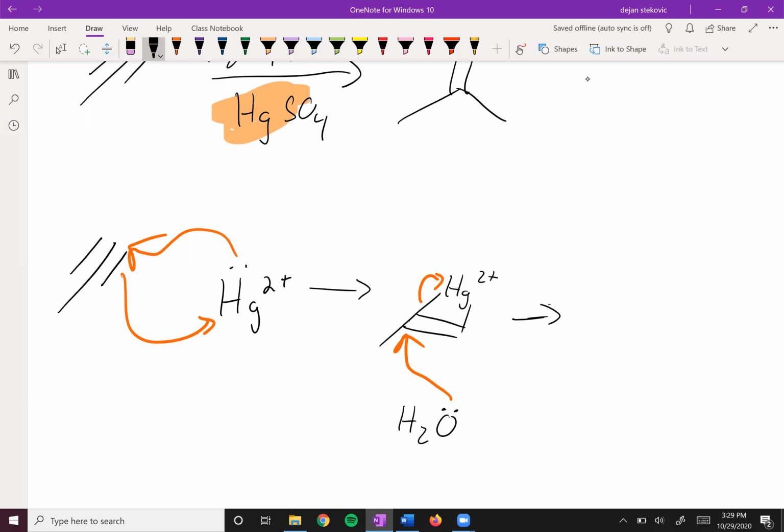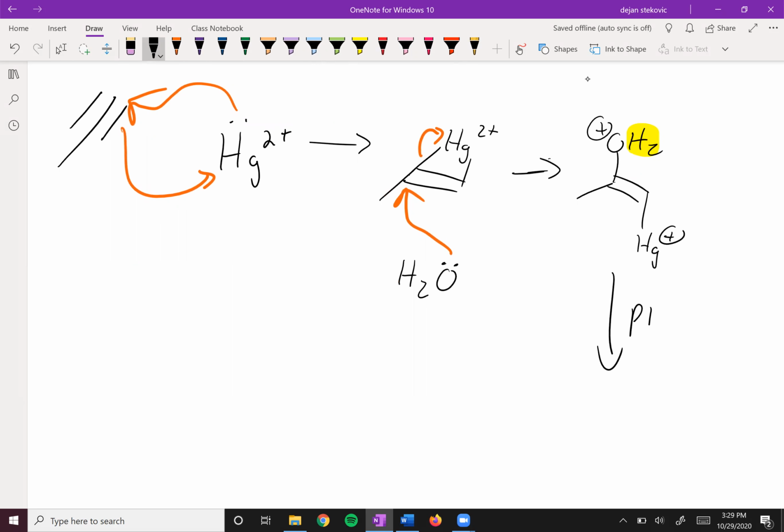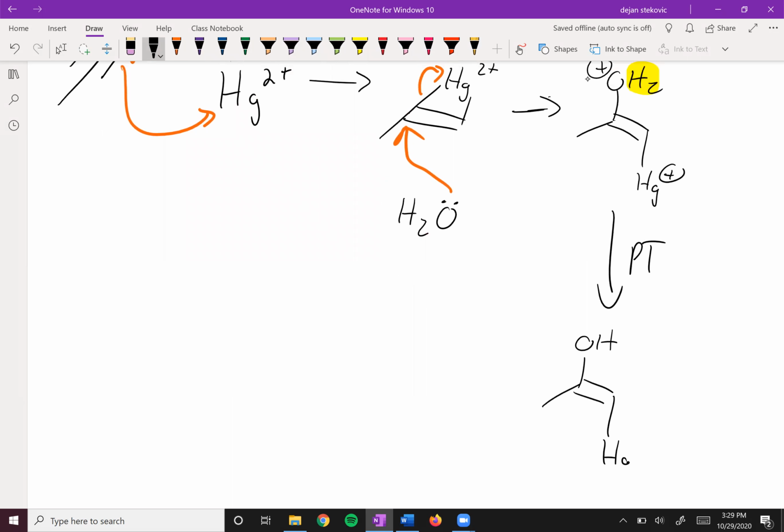So nothing really new here yet. After this, we're going to get rid of one of these protons through the solvent. So I'm just going to write proton transfer instead of writing out the mechanism, because at this point you should be pretty used to proton transfers.